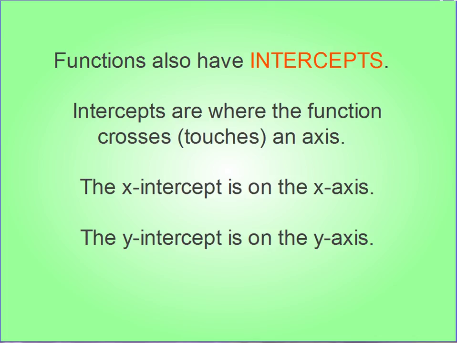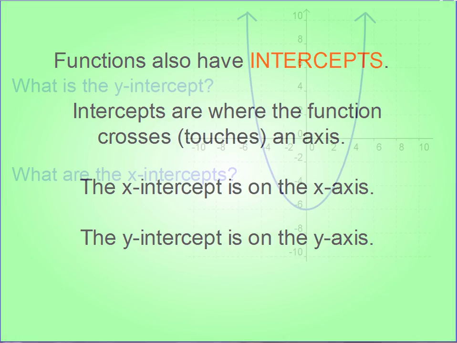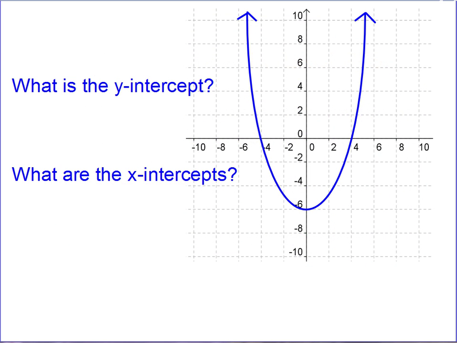You've talked about intercepts before, so just a quick review. Intercepts are always where the function crosses or touches an axis, and of course the x-intercept is on the x-axis and the y-intercept is on the y-axis. Very quickly, here we have a graph. We have only one y-intercept because the blue line only touches the y-axis at one point, and that point is 0, -6.